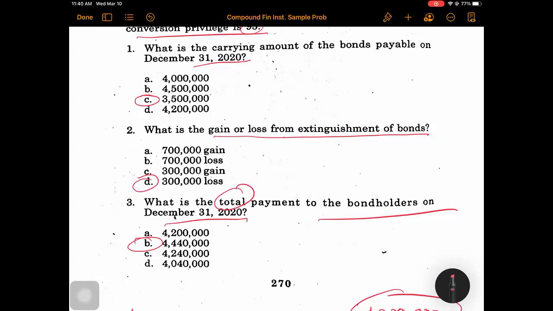PV of 1 sa 6% semi-annually. Unsa ni ang computation? Unsa pasabot ana? PV of 1 sa... Sige. Bantay mo pag semi-annually, ang rate dapat divide 2 tapos ang n times 2.